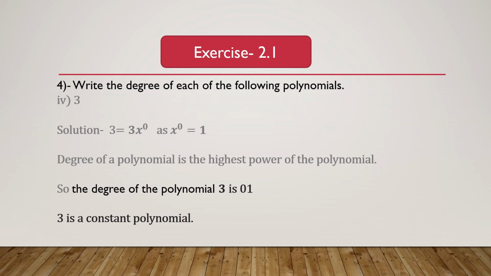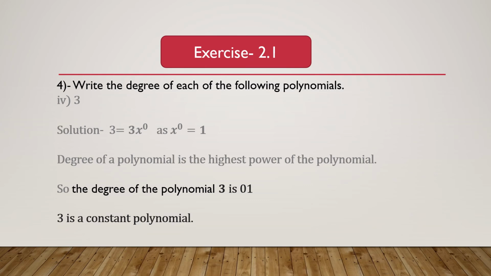The degree of x to the power 0 is 0. So 3 is a constant polynomial, that is a monomial.